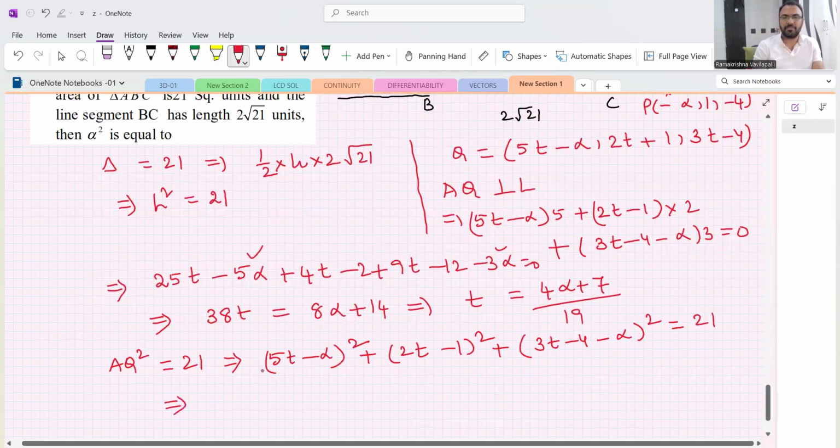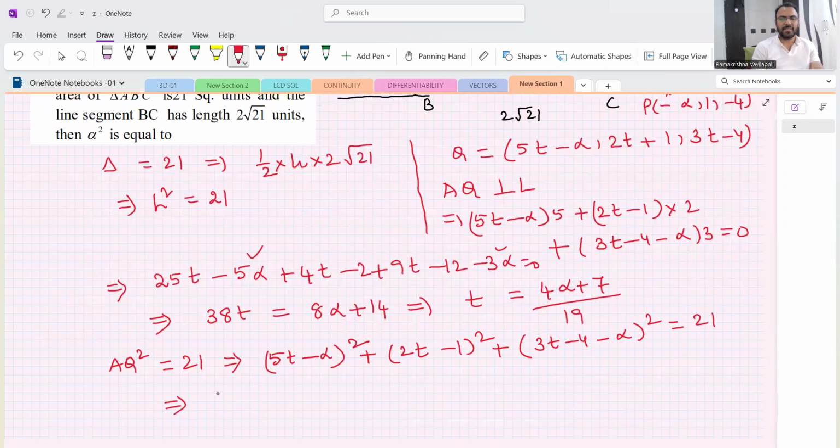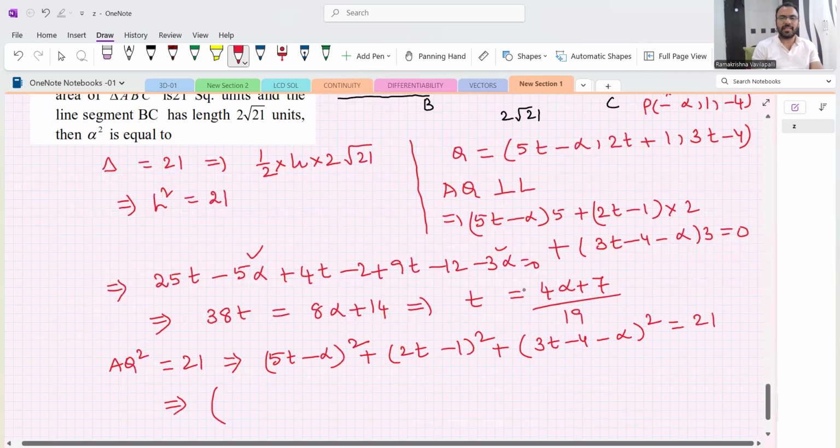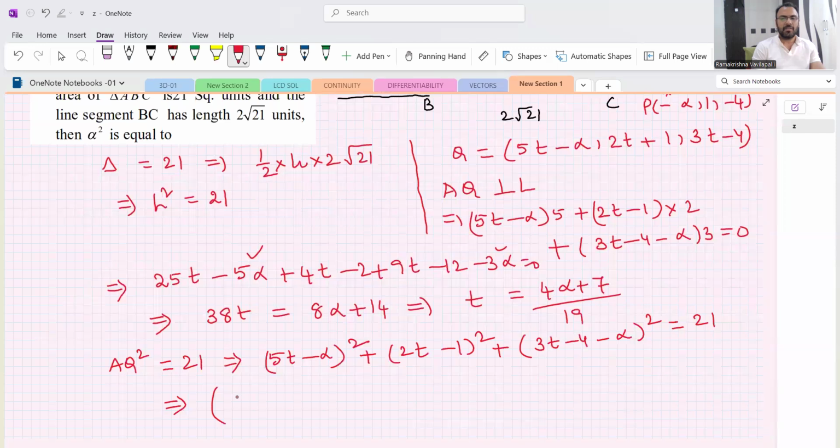All right, substituting that t here, I will check once whether it is correct or not.